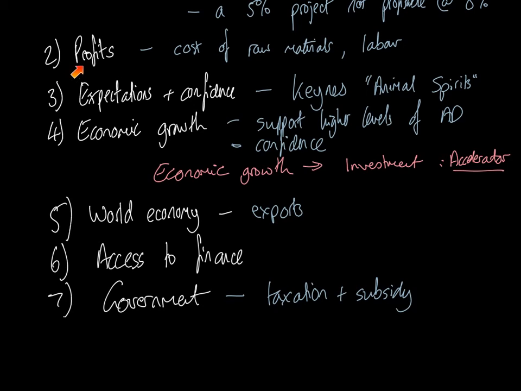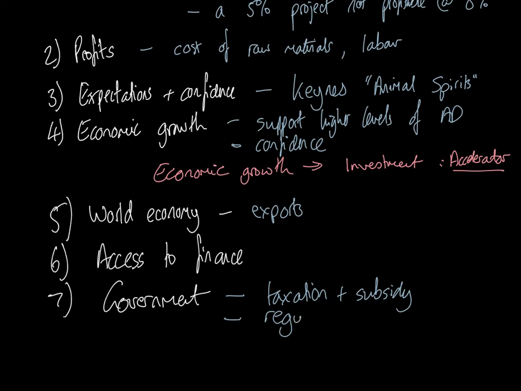That will link back up to number 2 here, because it will enable the businesses to keep more of their profits. Alternatively, the government may decide that they are going to subsidise some form of investment activity, which would make it cheaper, and so would increase the incentive for firms to invest.